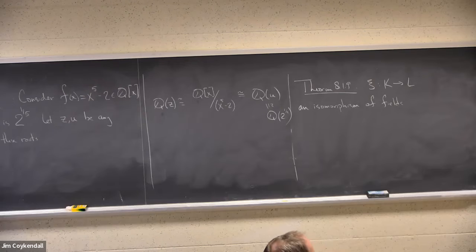This is kind of a silly point, but I think it's worth remembering. Every homomorphism from a field to a field is always one-to-one. Somebody explain why that's true.